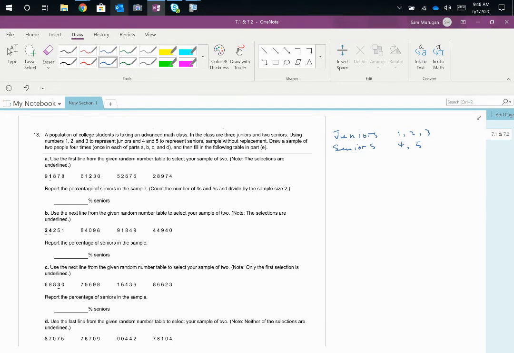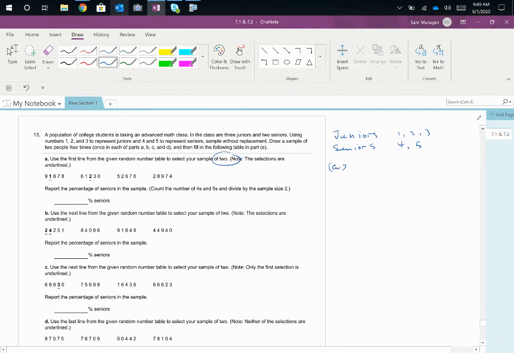For part A, use the first line from the given random number table to select your sample of 2. Note that the selections are underlined. If we go from left to right here, the number 1 occurs first, then 2 occurs second. We're selecting a sample of 2, so we have 1 and 2, which are both juniors.